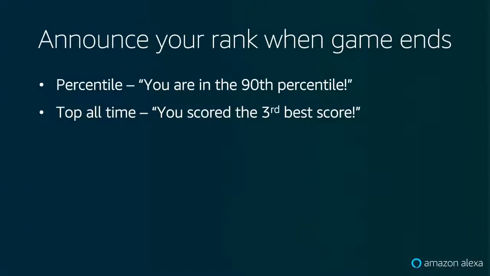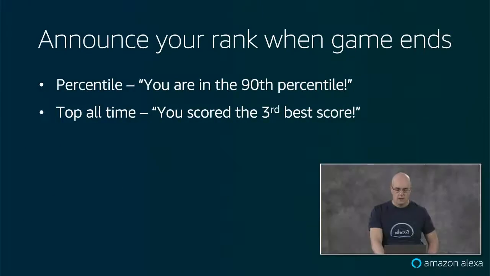In the case of gaming skills with screens, I love the ideas of showing your score and showing leaderboards. Right? There's a lot of games for Alexa where you play the game, you get a score. Oftentimes these are quiz games or things like that, turn-based games. But where it really gets interesting and it brings in all the other players is the idea of a leaderboard. How did you do according to everyone else?